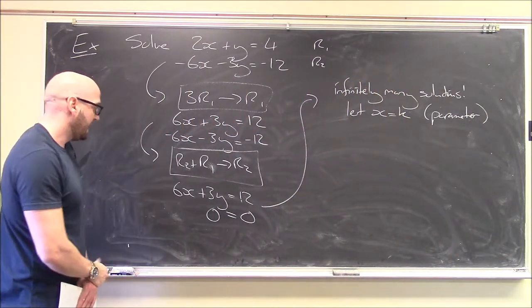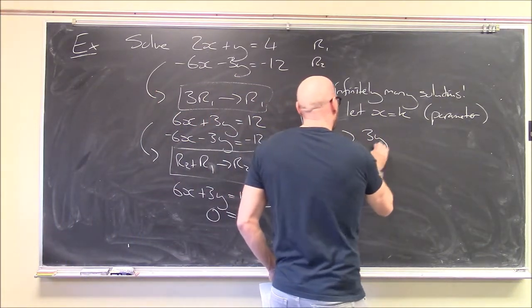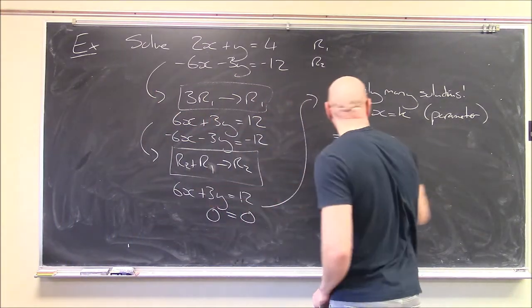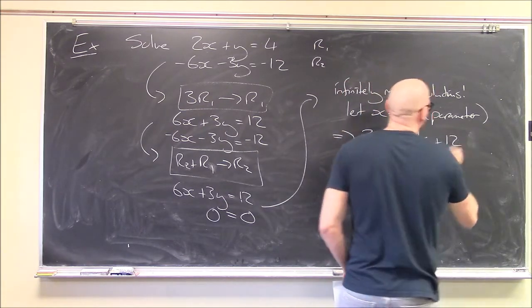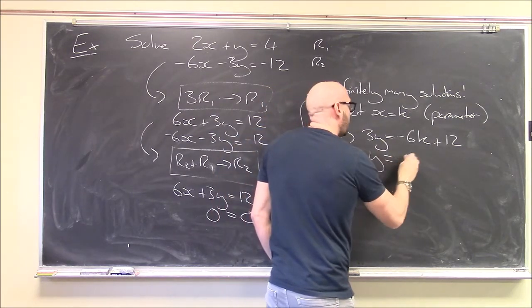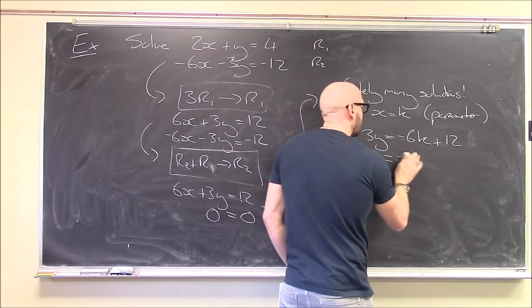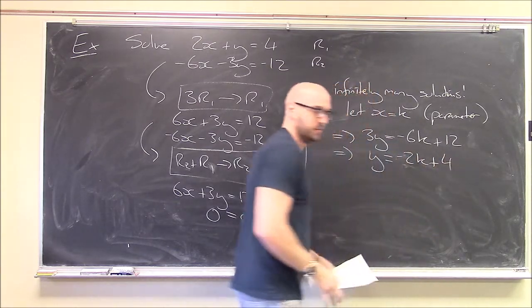So let x equal k. Let's solve for y. 3y equals minus 6k plus 12. Or dividing both sides by 3, y is minus 2k plus 4.